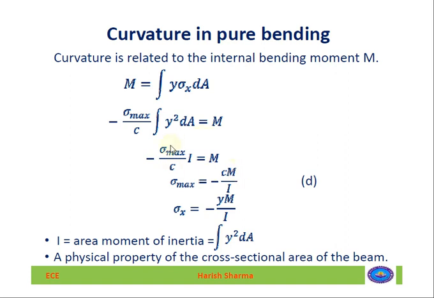So we can write the equation again: sigma max equals minus Cm upon I. Then instead of sigma max we can write sigma x at any point from the natural axis, and instead of C we write y. So sigma x equals minus My upon I. This I is a physical property of the cross-section area of the beam.